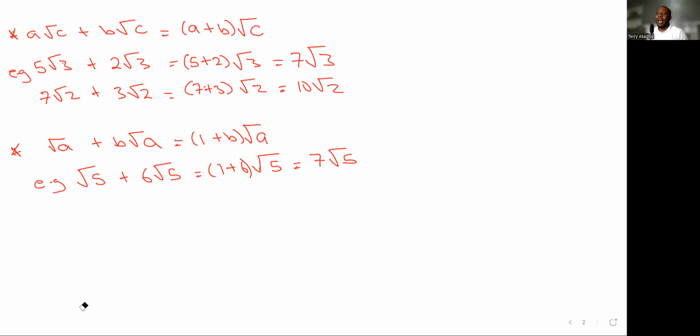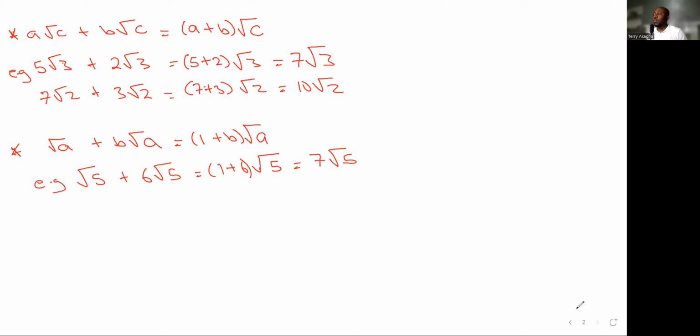Regardless of how it looks, so long as they have the same surd, you can add them together.